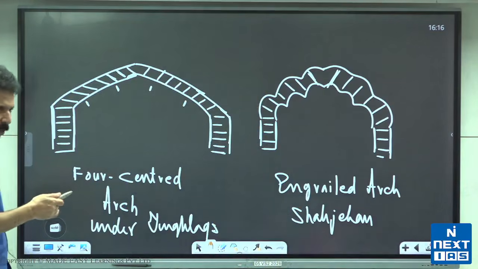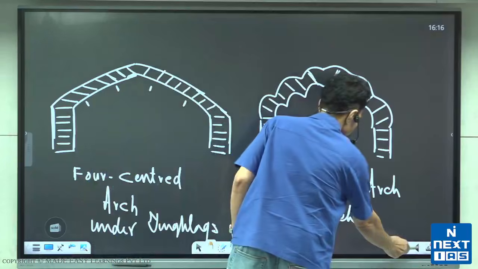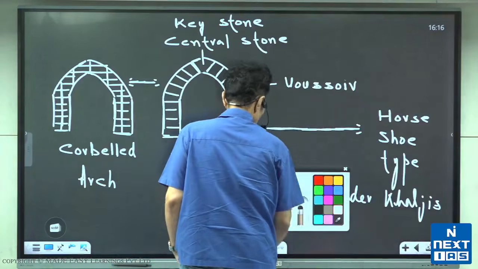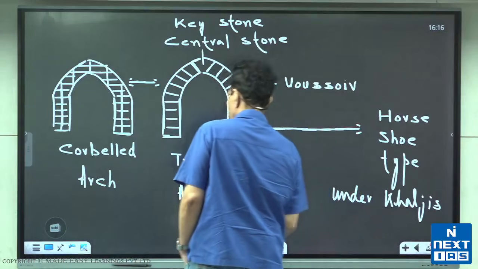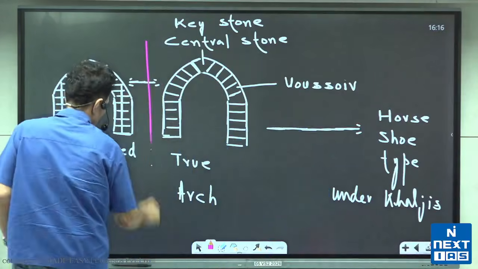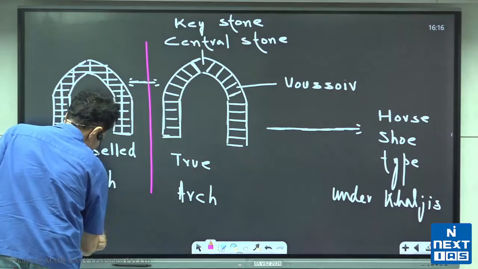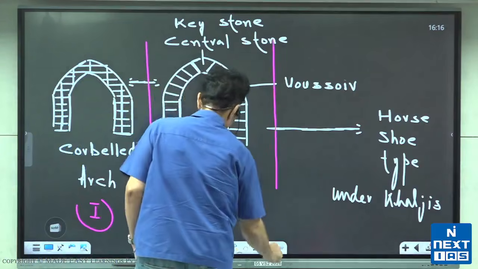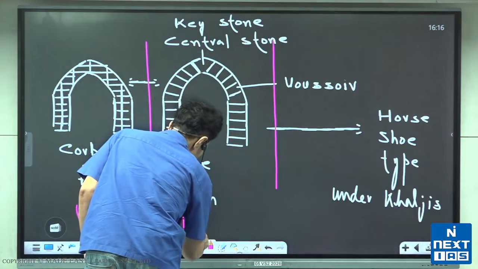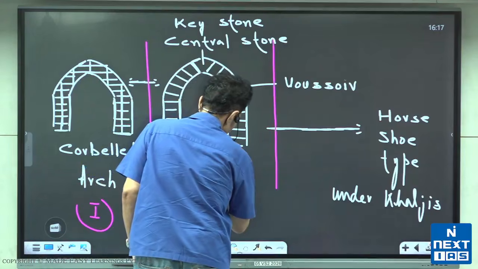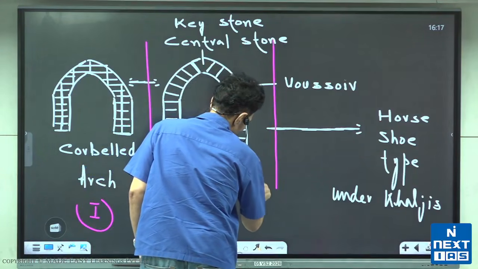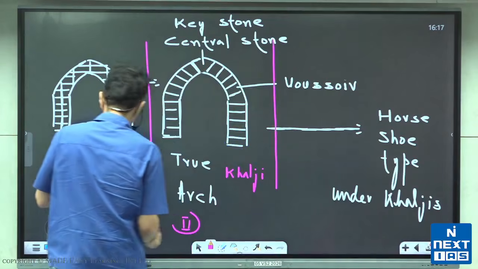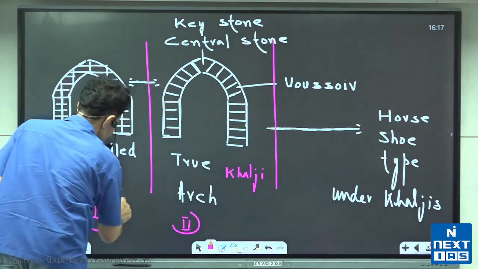So this is the timeline. See how? It's phase 1, first dynasty under Ilbari.